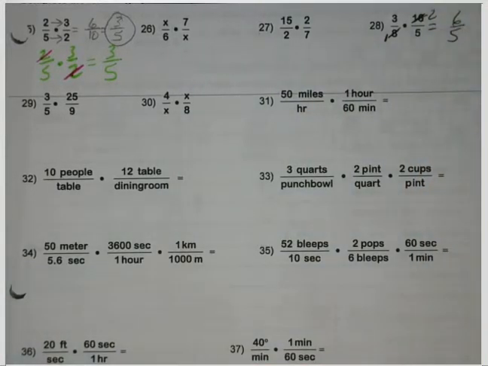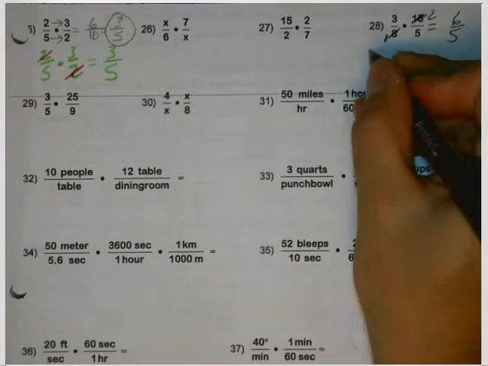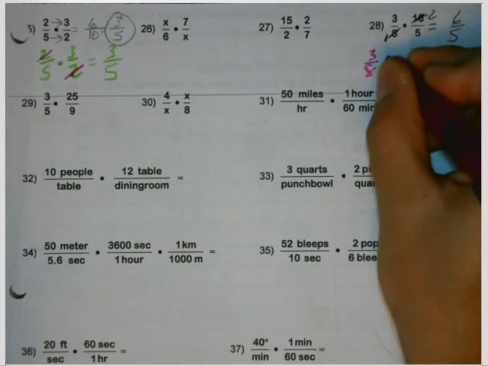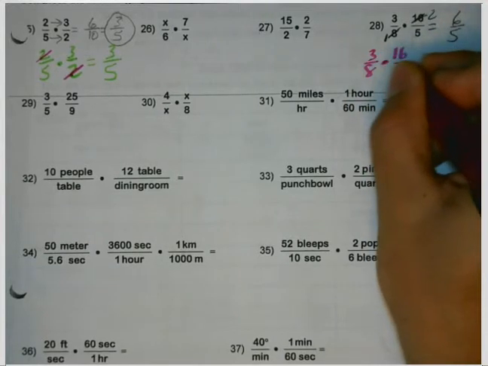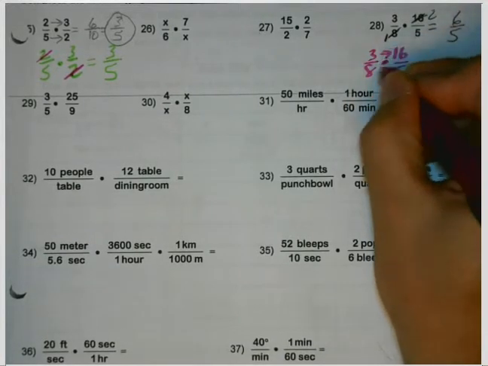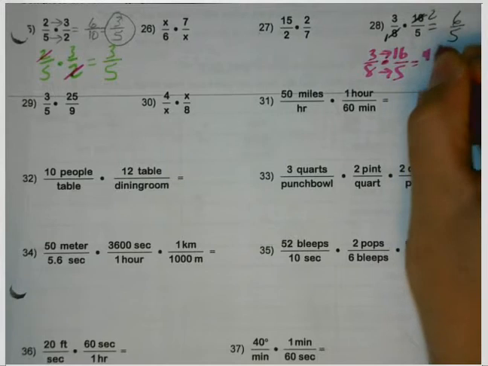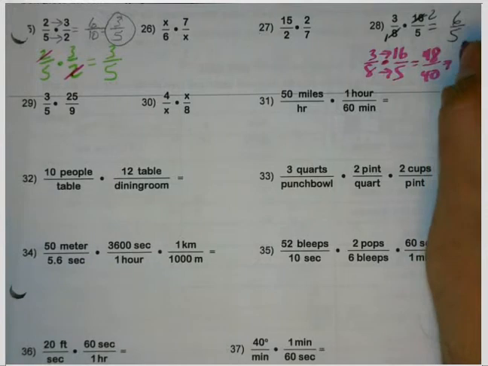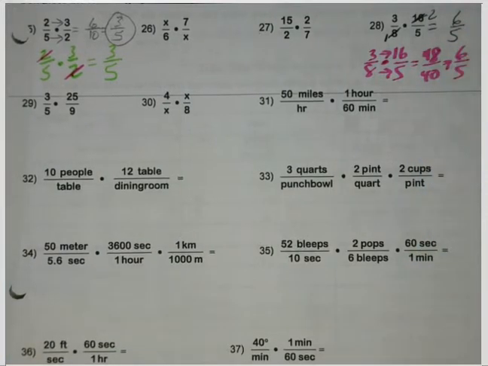Otherwise, if I multiply it across the original problem, I'd get 48 over 40, but then I'd have to know that 8 divides into both of those. Same answer. So we're just kind of trying to get a feel for this.